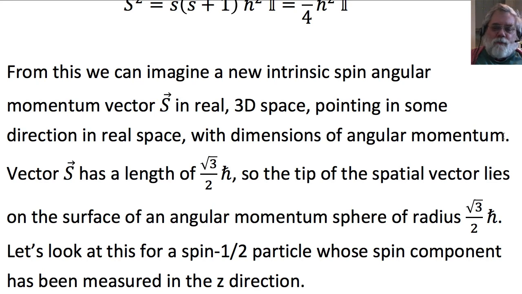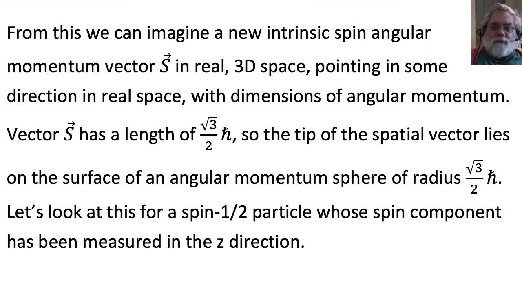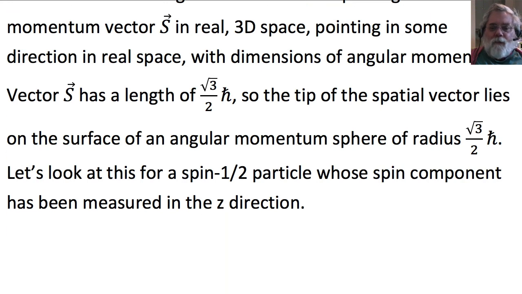So this is confusing. The vector, S vector, has a length of square root of 3 over 2 h bar for spin 1/2. So the tip of the spatial vector lies on the surface of an angular momentum sphere of radius square root of 3 over 2 h bar.